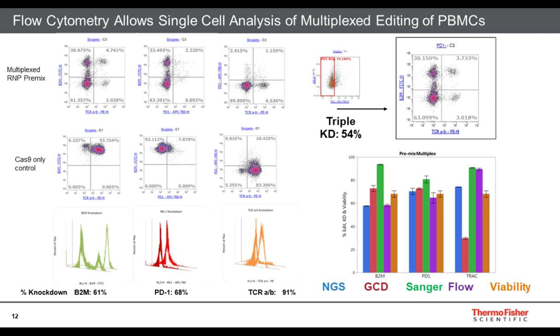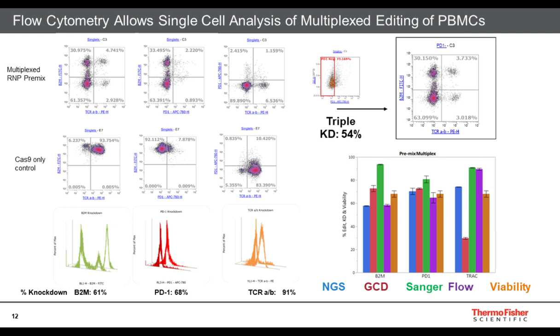So as I mentioned before, in a lot of cases, when you're doing cell engineering and when you're trying to do cell therapy studies, there may be several genes that you need to edit in order to get the desired phenotype and in order to get the desired cell line that you require. And flow cytometry allows you to interrogate these cells and do single cell analysis for looking at multiplex knockdown.